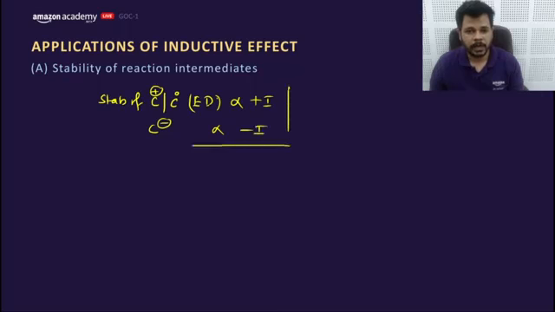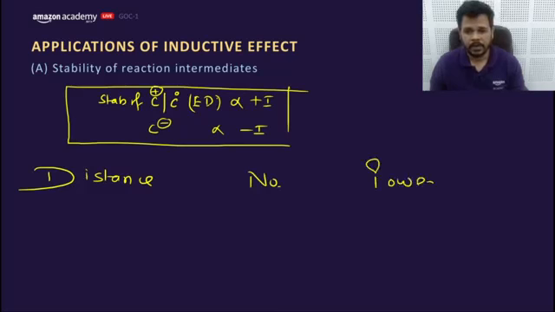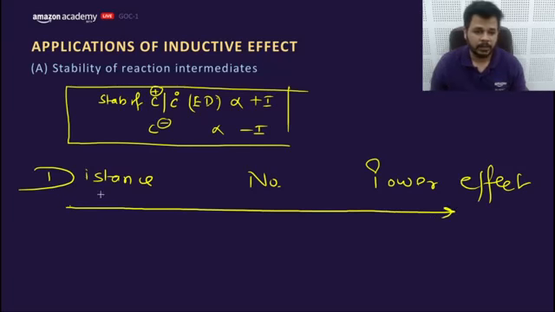Minus I. You need to consider it. Now the next thing you need to remember is distance, number, power effect before solving. You need to answer in sequence only. First you will look for distance, then the number and then the power.